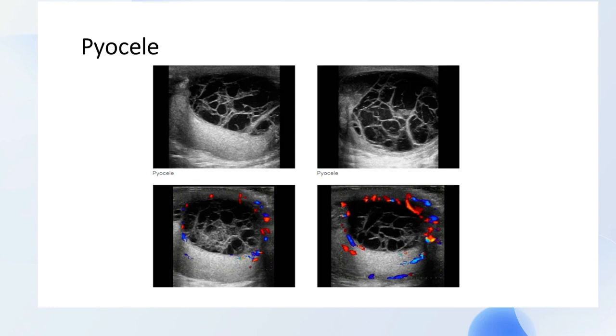The history is very pertinent in differentiating a pyocele from a hematocele. A hematocele occurs following trauma or with a history of trauma, and a pyocele with a history of inflammation, when the patient just comes to the department saying, I don't know where the pain is coming from, I just started to feel the pain. That can be an inflammation which is non-traumatic in origin.